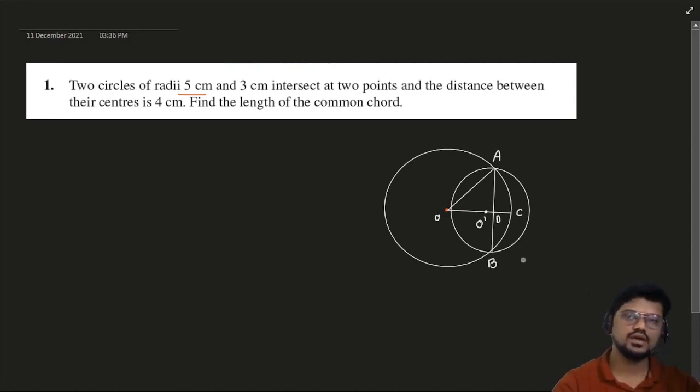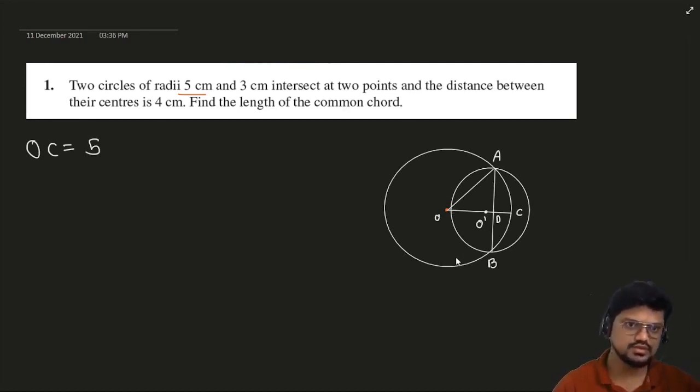Now, two circles of radii 5 centimeter and 3 centimeter. I know that OC is equal to 5, the radius of the bigger circle, and 3 centimeter is the radius of the smaller circle.